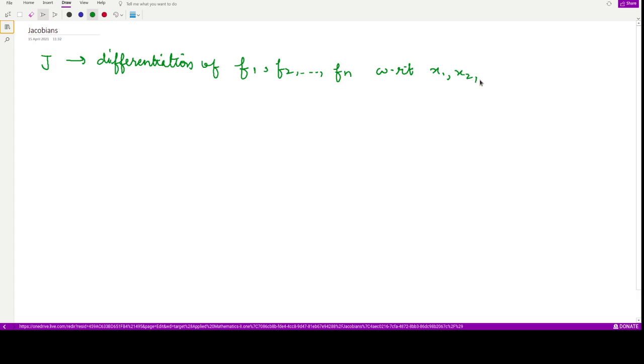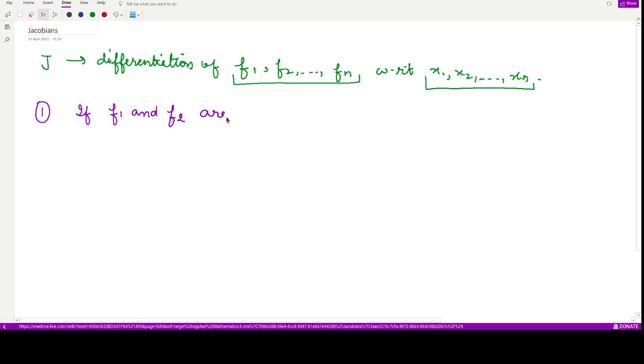with respect to various independent variables, say x1, x2 up to xn. It gives you how much change there is in all these dependent variables with respect to these independent variables. Suppose you have two variables. Suppose in the first case, f1 and f2 are functions of two independent variables.